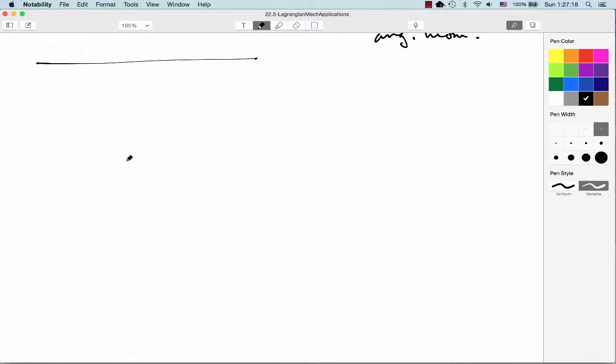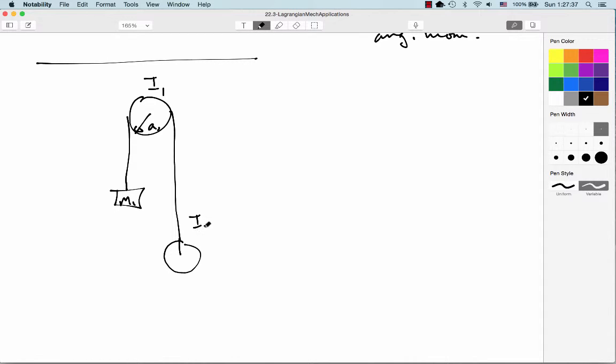We're just going to work to get the Lagrangian at all. Let's do a double Atwood's machine with real pulleys. So A1, moment of inertia I1, hanging off here a mass M1, then hanging down off of there, another pulley, I2, mass, and we'll call it mass of pulley.